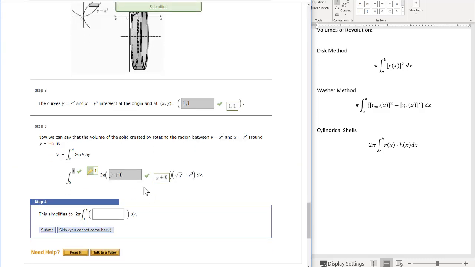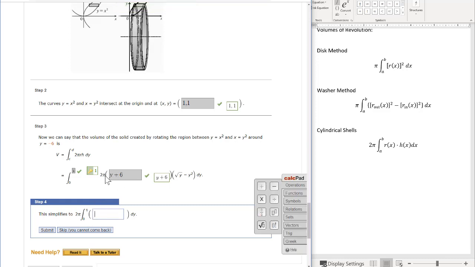And then once we have that, we're going to FOIL it out. So we have the 2 pi that can be moved outside. We're integrating from 0 to 1. And then let's FOIL this out. So we have y times the square root of y. We're going to need to integrate this, so let's use y to the 1/2 times y to the first, so y to the 3/2 power. That's the first terms.